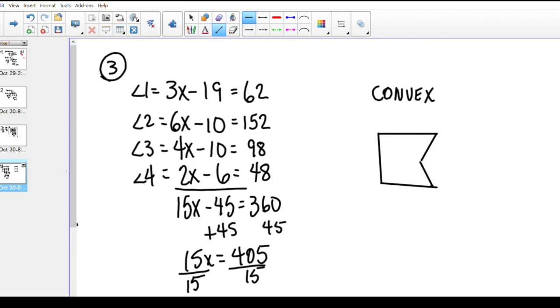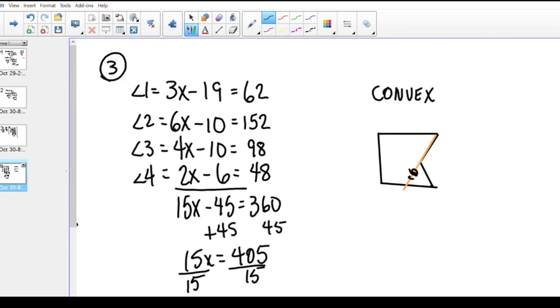So if I took a straight edge and I went down this line right here, and I went down this side, but what happened is it got inside of it, that's not convex.